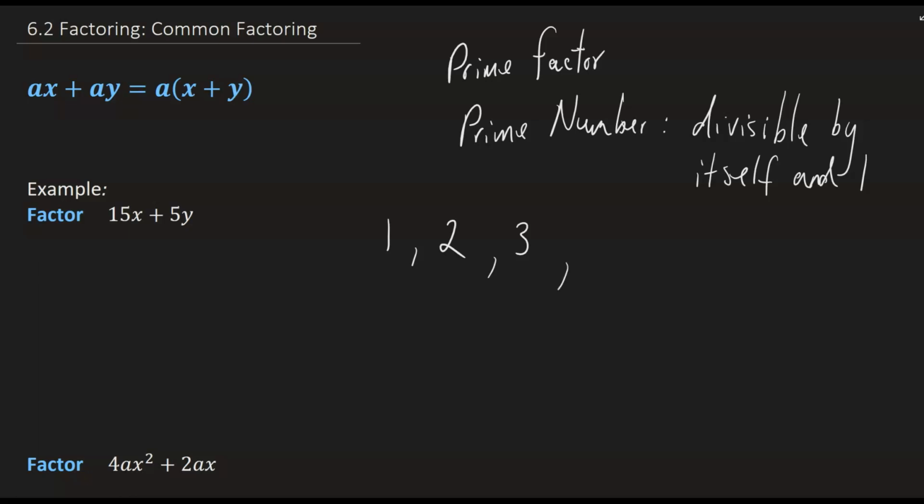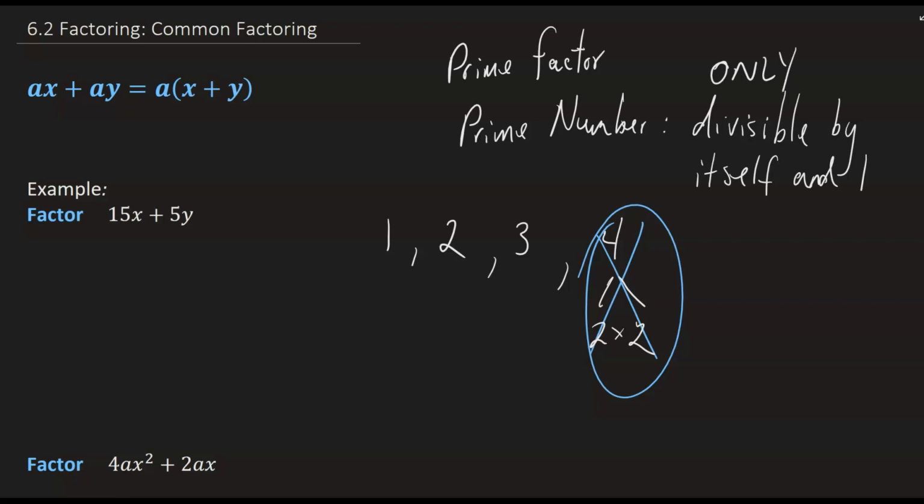When we get to 4, 4 is actually divisible by 4, but it's also divisible because it's 2 times 2. So 4 is not prime because it's divisible by more than just itself and 1. So I should say up here, only divisible by itself and 1.